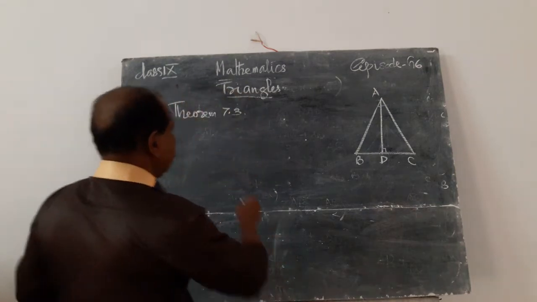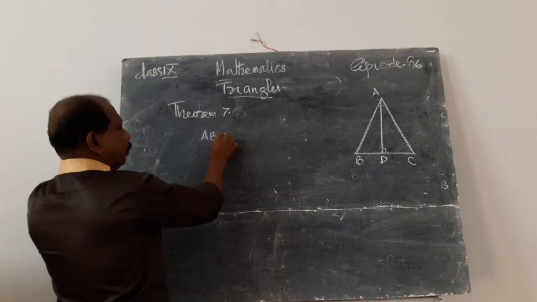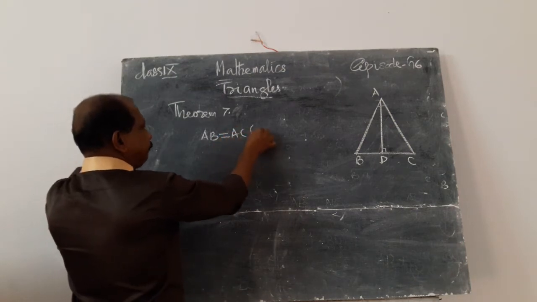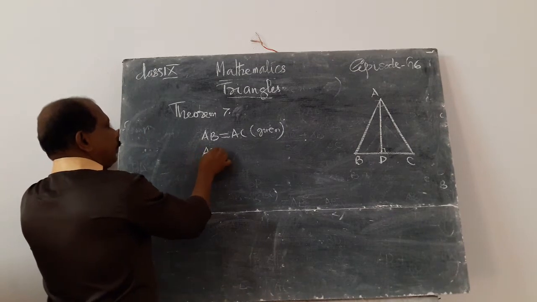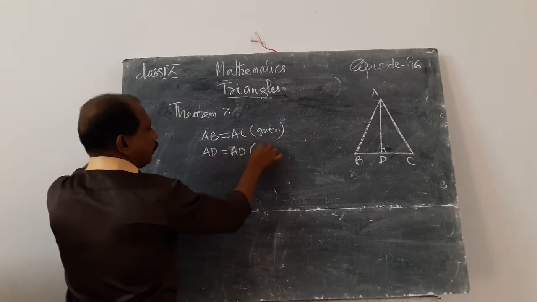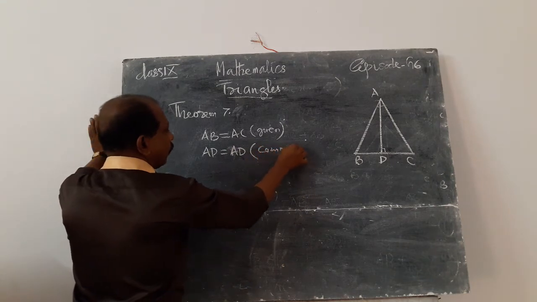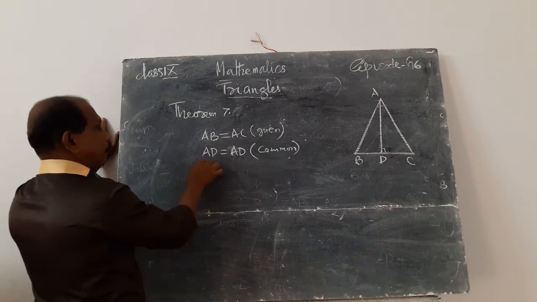That means, given that AB is equal to AC, that is given. AD is equal to AD, that is common. D is the midpoint of BC because of median.